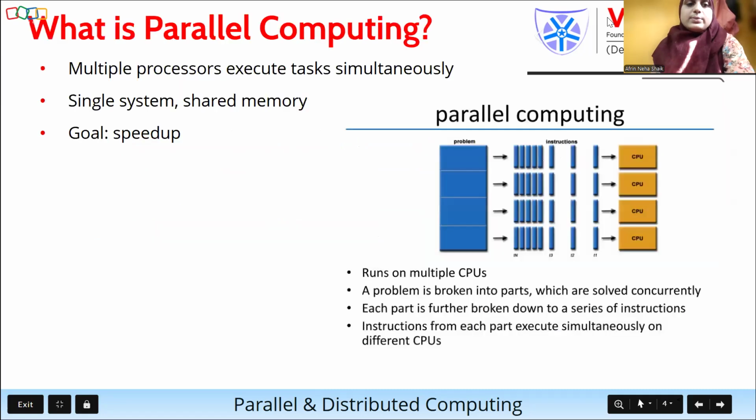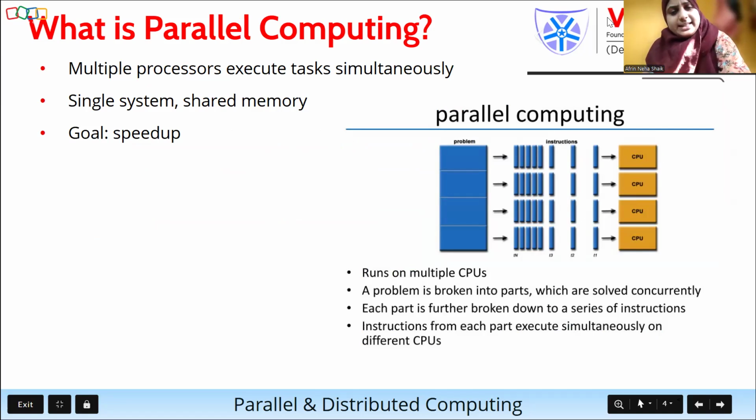Now, let us move to parallel computing in detail. What is meant by parallel computing? Parallel computing is defined as multiple processors executing tasks simultaneously within a single system.